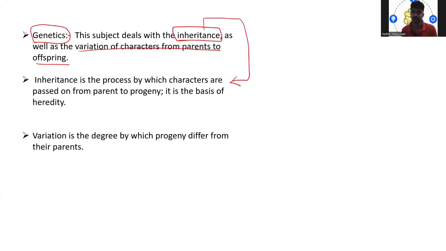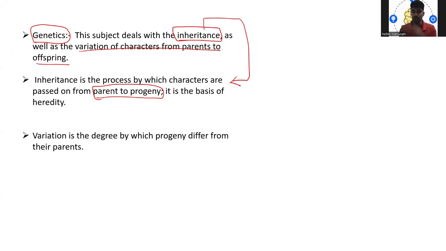What does inheritance define? Inheritance is a process by which characters are passed from parents to their progeny, that is, parents to their offspring. Say you look similar to your grandmother or grandfather, or you are somewhat similar to your father or your mother. How is this comparison happening? Because the characters are being passed from your parents to you.